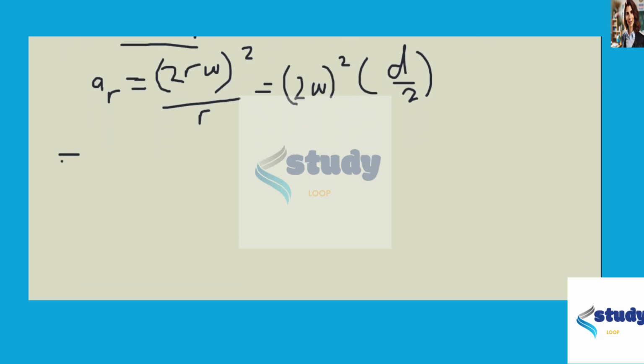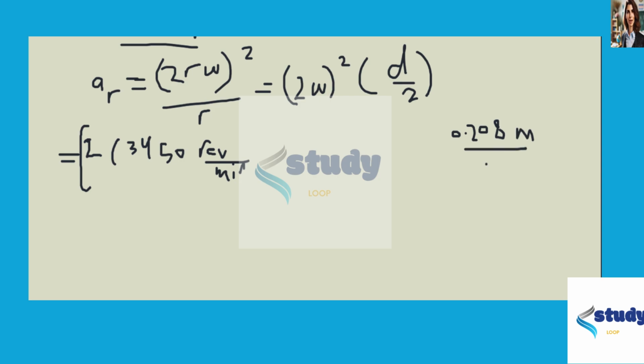Now the final step is just to substitute with the values we have for omega and D. And here we have 2 times, let's write this down here, 2 times omega, 3,450 revolutions per minute, times the diameter, which is 0.208 meters divided by 2.